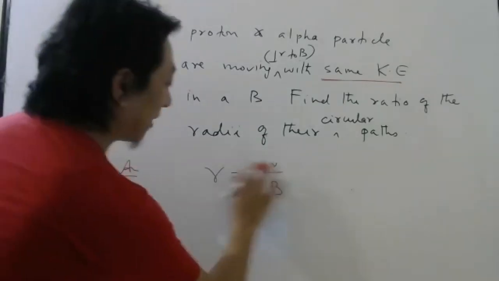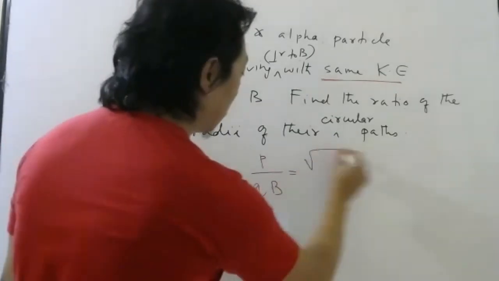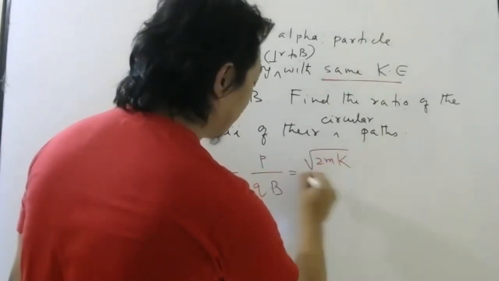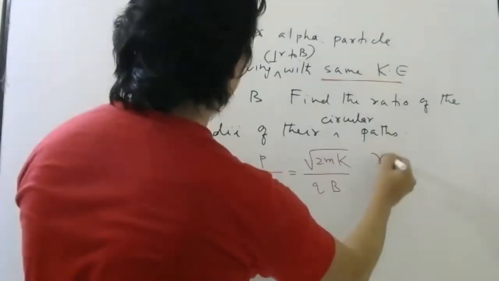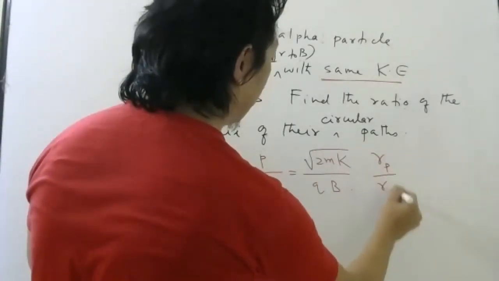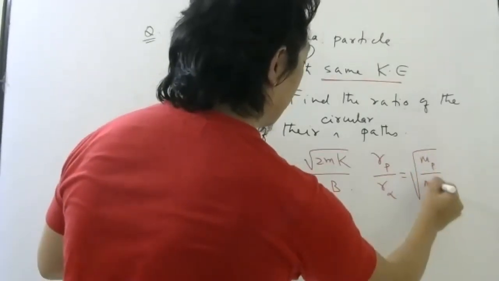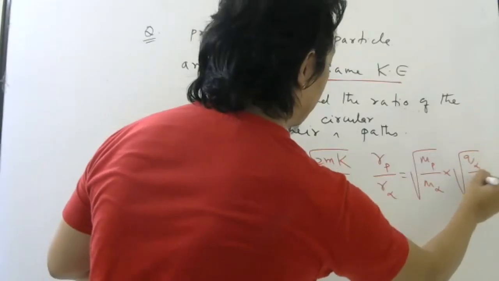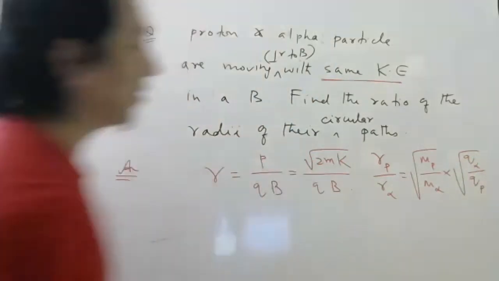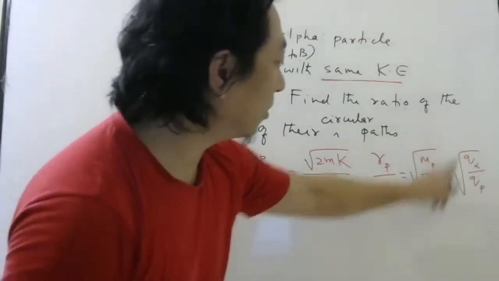So immediately you will write mass into velocity as momentum, and momentum you will write as root of 2mK. So from here it is very clear that the ratio of proton by alpha will be root of mass of proton by mass of alpha into charge of alpha by charge of proton. R1 by R2 will be root of M1 by M2 into Q2 by Q1.